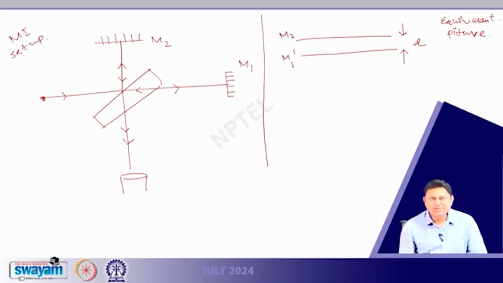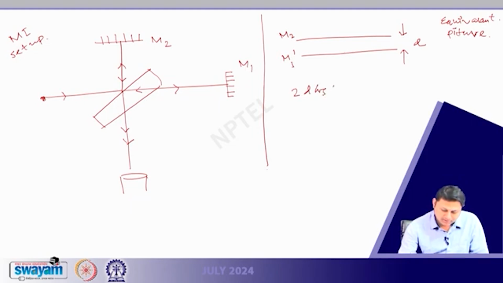If I change the separation between M1 and M2, D is going to change, and when D changes, the path difference will change, and we had the formula 2D cos theta is equal to m lambda. Because we are changing D, for a particular theta and lambda, m has to change. So, that is why when we do the experiment by hand, we will see that there will be a collapse of these fringes, or they evolve from the central part.